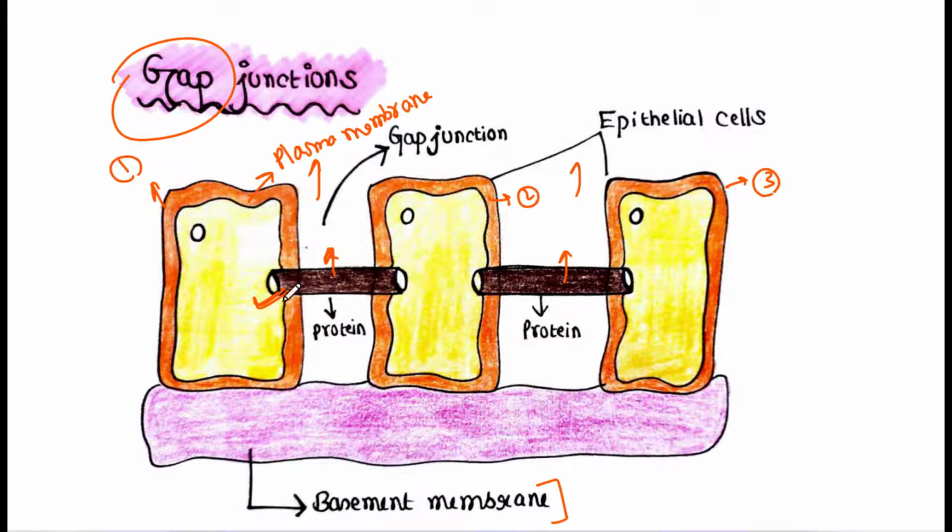This protein forms fluid-filled tunnels like this, and this tunnel connects two neighboring cells. That means the cytoplasm of this cell is connected with the cytoplasm of this cell via this tunnel. So why is this useful?